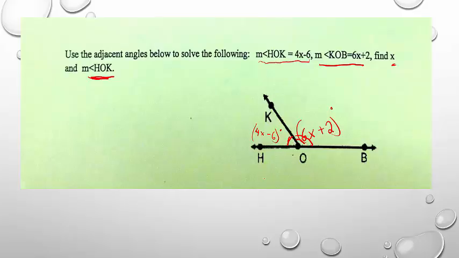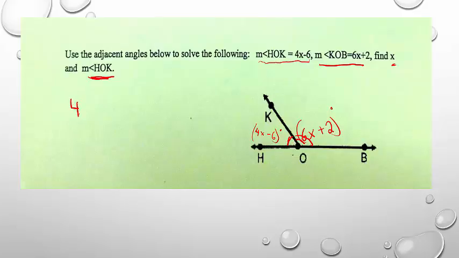I realize when I put them together, I make a straight line. I make 180 degrees. Again, if I travel from H to K, that I just traveled the measure of angle HOK. And if I travel from K to B, I've traveled angle KOB. So I've really traveled a total of 180.